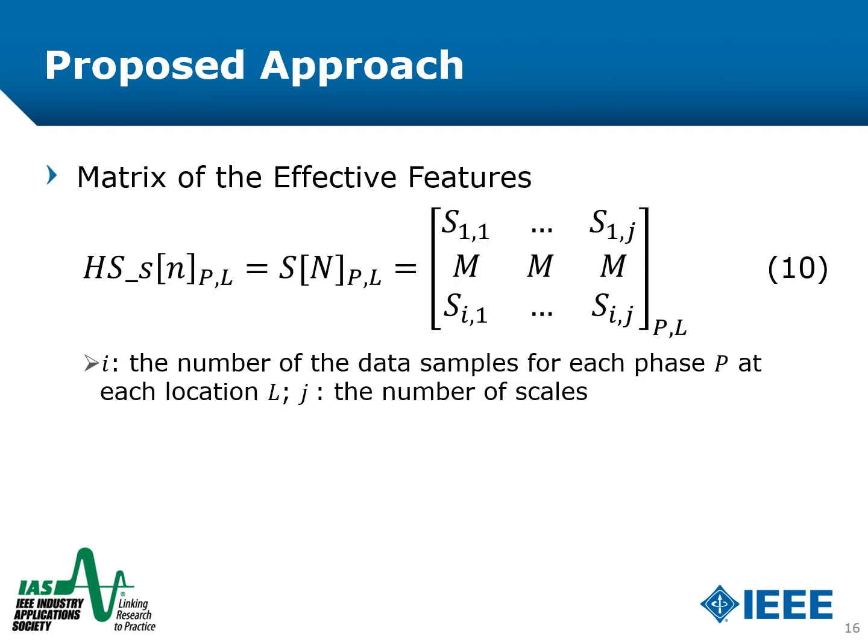A matrix of the particle features S of n-PL is formed by the hyperbolic S-transform from the discrete signals s of n-PL. In this matrix, I is the number of the data samples for each phase P at each location L, and J is the number of scales.